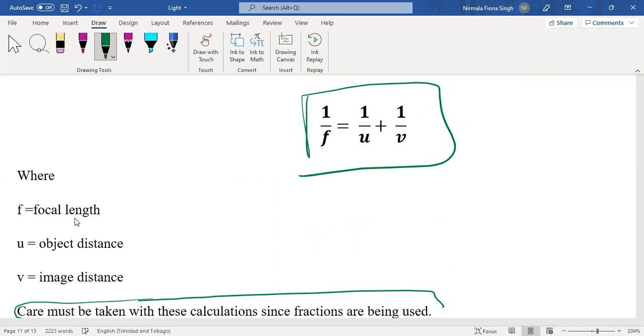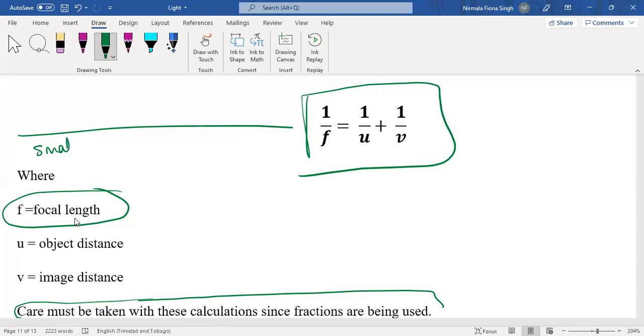Now, let me just go through what is the importance of focal length. Focal length tells us how much we actually cause the light to diverge. When we have a small focal length, that means it's going to make all the light rays converge very close by. So if this was our light and we had a really small focal length, it's going to converge very close by.